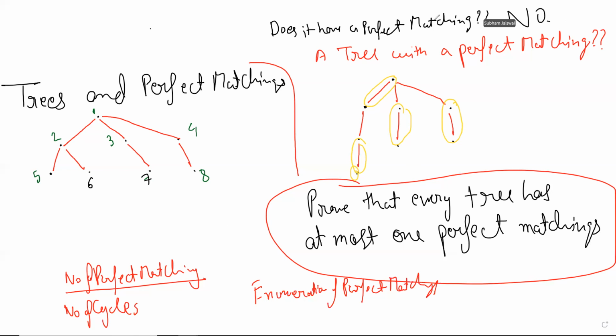It's not close in the sense that they move together. You see, in a graph, if you have a perfect matching and you have a cycle in that graph, that cycle will allow you to make another perfect matching. Just think about it.